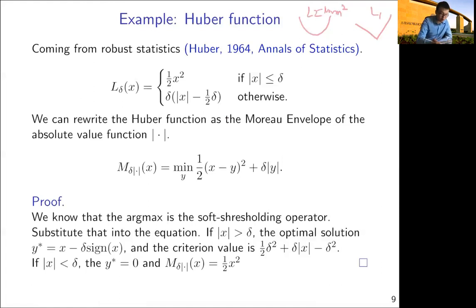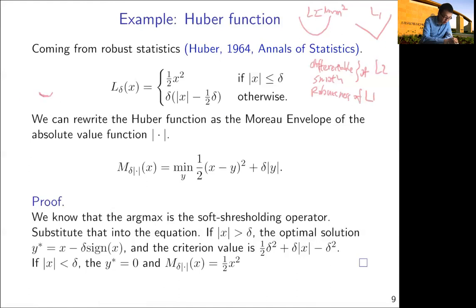So the idea of the Huber function is that you want to get the benefit of both of these two. You want to inherit the robustness of L1, but also the differentiability and smoothness of L2.